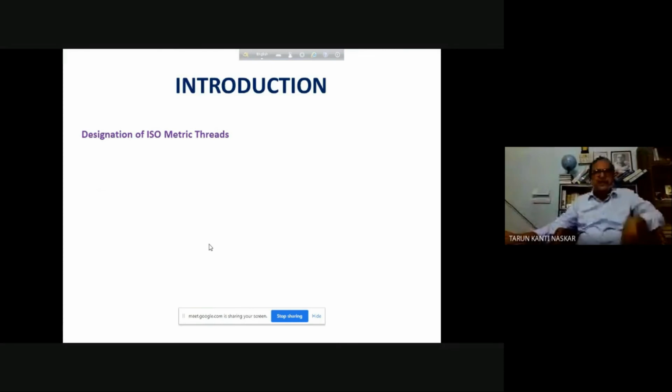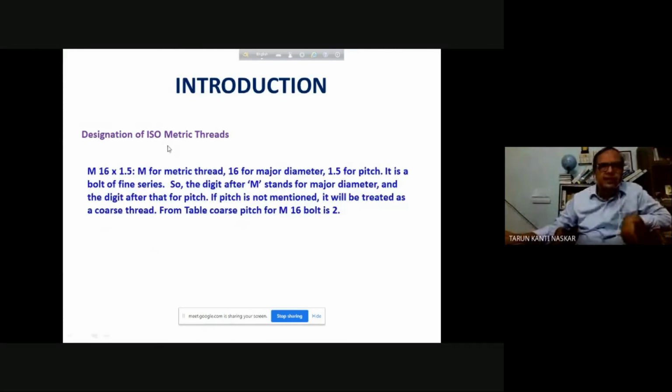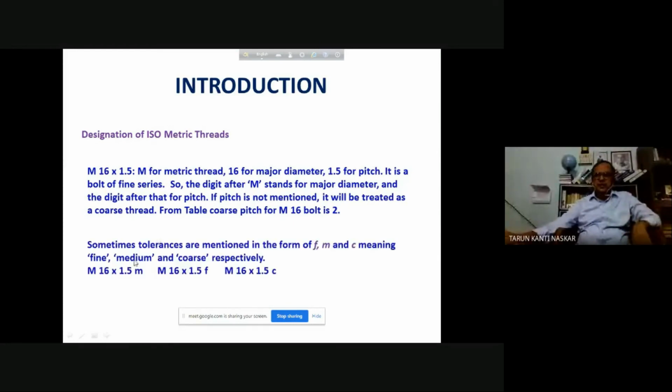Now designation of metric thread is like this: M16 by 1.5. I have already told you how it is designated. M16 by 1.5, this is the nominal diameter and this is the pitch. For metric thread, 16 is the major diameter and 1.5 is the pitch. And there are different series, that means fine, medium and coarse series.